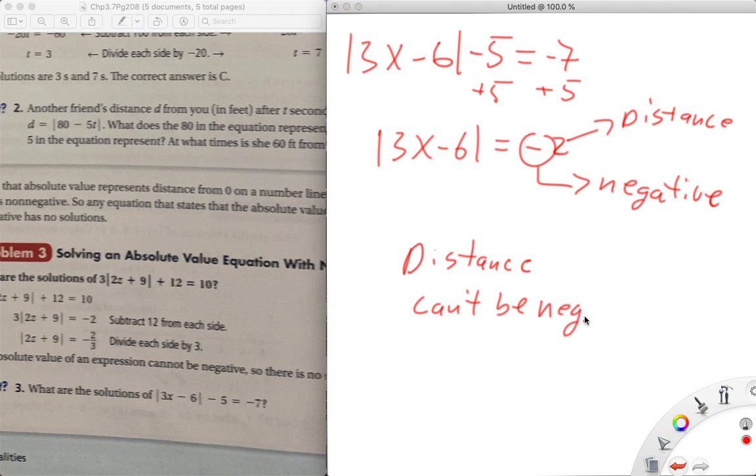So since this distance is negative, there's no solution. Always, whenever you see a negative number, there's no solution before you do anything else.